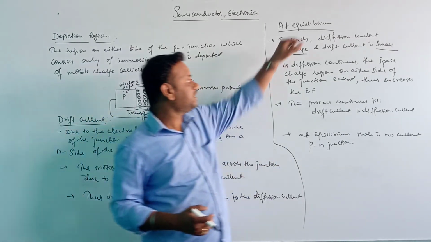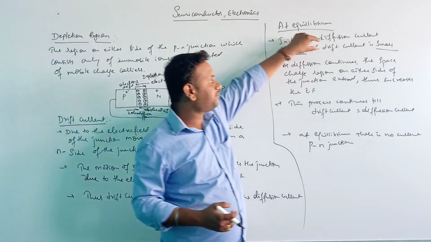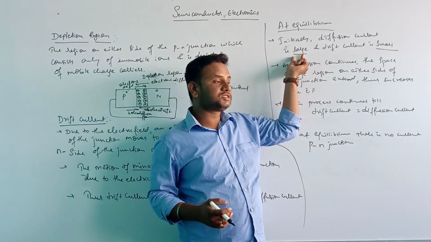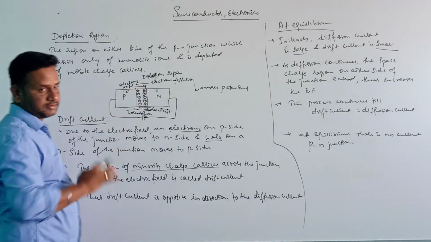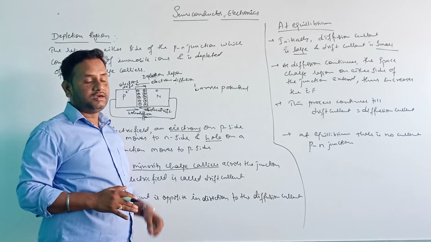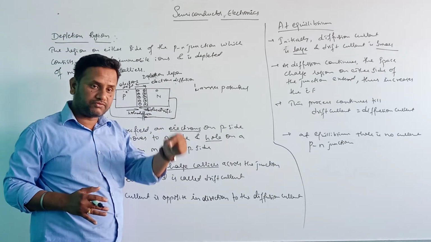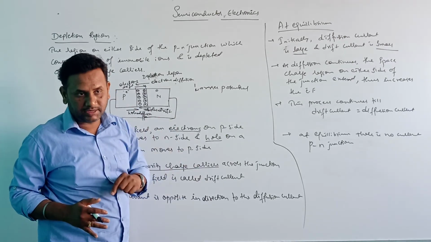That is why initially the diffusion current was large and drift current is small. Why is diffusion current so large? Because there are majority charge carriers on both the sides. Drift current is forming only because of the motion of the minority charge carriers from p region to n region, n region to p region.